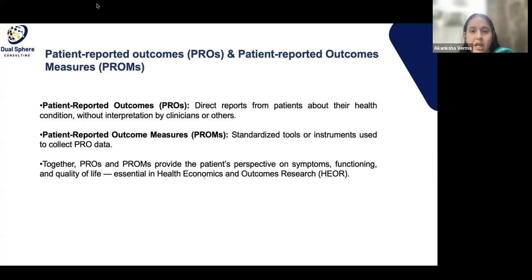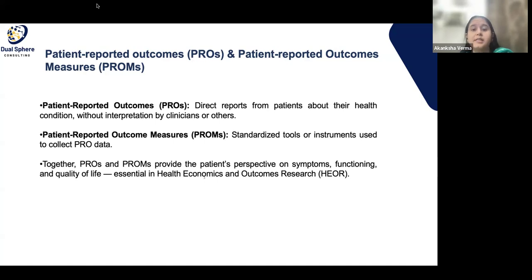Now, what exactly are PROs? Anything coming directly from the patient about their health condition without being interpreted by a specialist or a physician is a PRO. Something coming directly, unfiltered from the patient is patient reported outcomes.